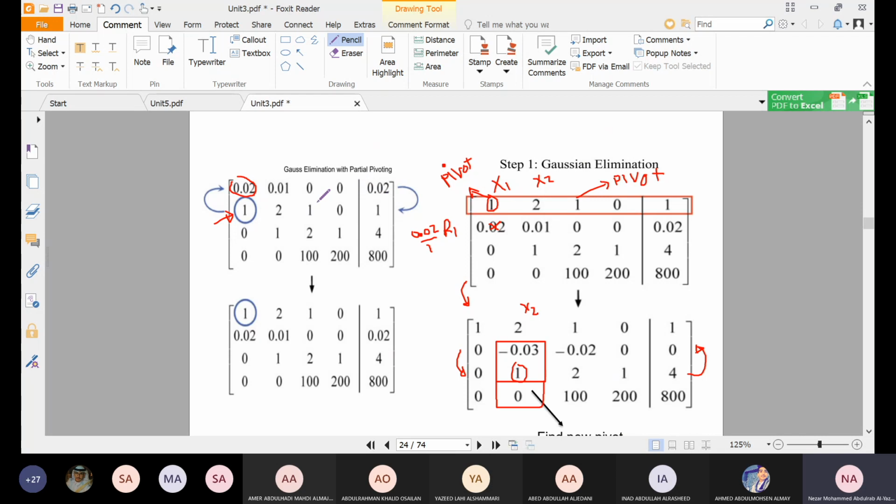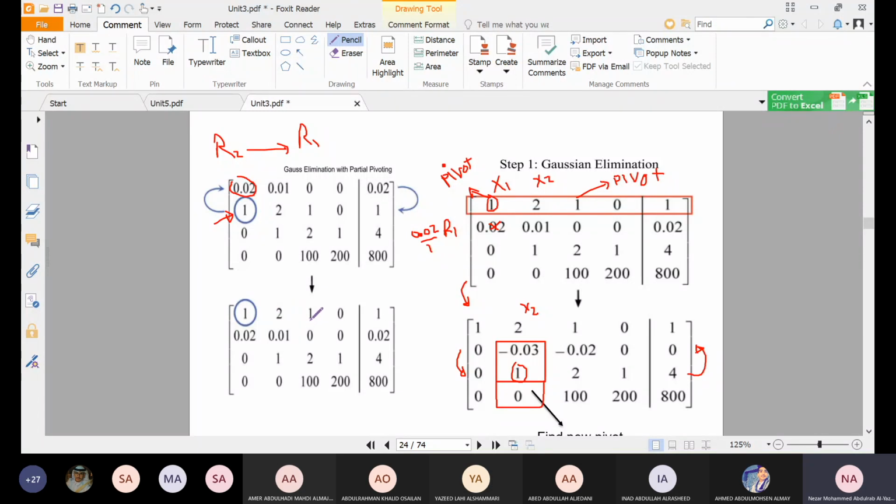So what I do is swapping between the rows. So row number 2 becomes row number 1, and row number 1 returns back to become row number 2. So we do swapping between the rows.